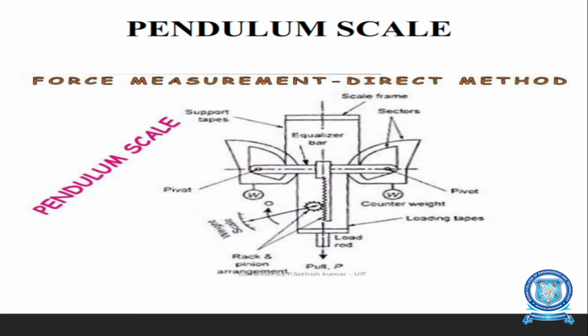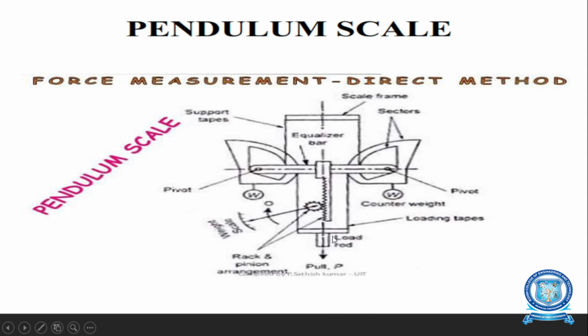It uses the principle of the multiple lever system. The input is a direct force or a force proportional to weight. The input is transmitted from a suitable agency and applied to the load rod.